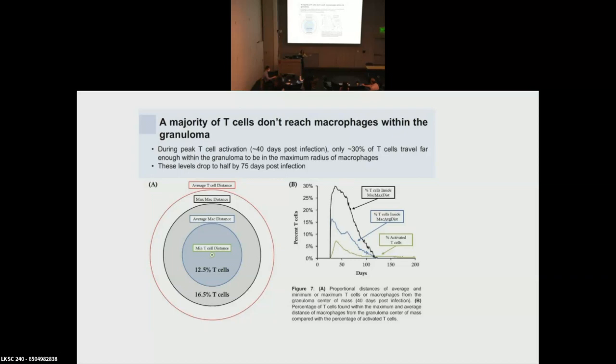Now, if you know anything about immunology, T cells and macrophages have to interact to get that activation event to happen. And so that is actually what's happening there. And if you've looked at granulomas before, there's this characteristic lymphocytic cuff around the outside of it. And why is that? Probably because those T cells cannot get in and penetrate inside this solid structure. Okay. So this was our hypothesis.